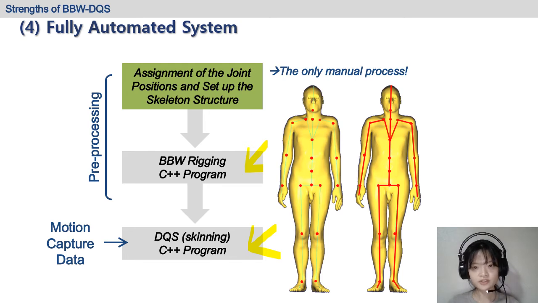If the phantom changes only, the joint positions need to be reassigned, and if the motion capture device changes, the whole skeleton structure may change, and it should be set up again. Both of these are very simple and easy work that can be done in at most 30 minutes.